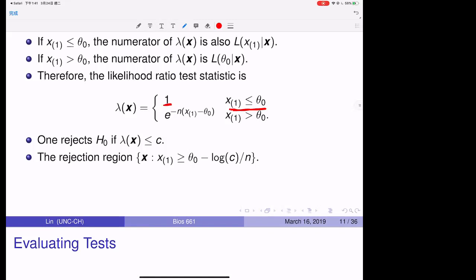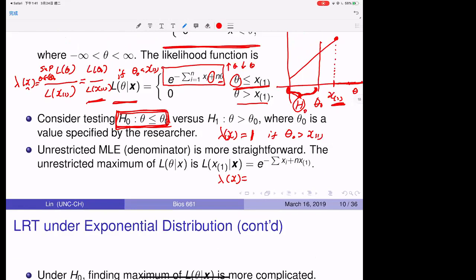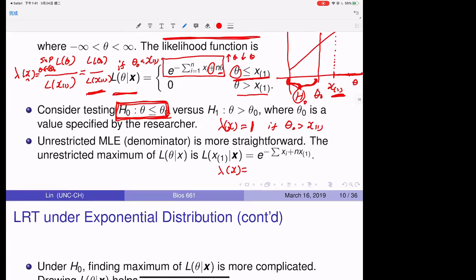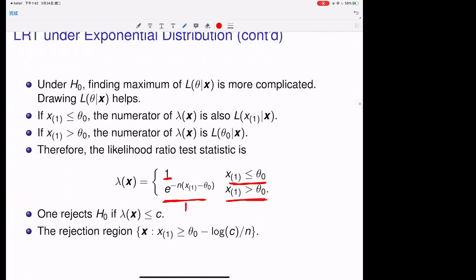If x1 is bigger than theta 0, then you have this ratio. Plug in theta 0 for the numerator and plug in x1 for the denominator, then you do the ratio and you'll find this result.